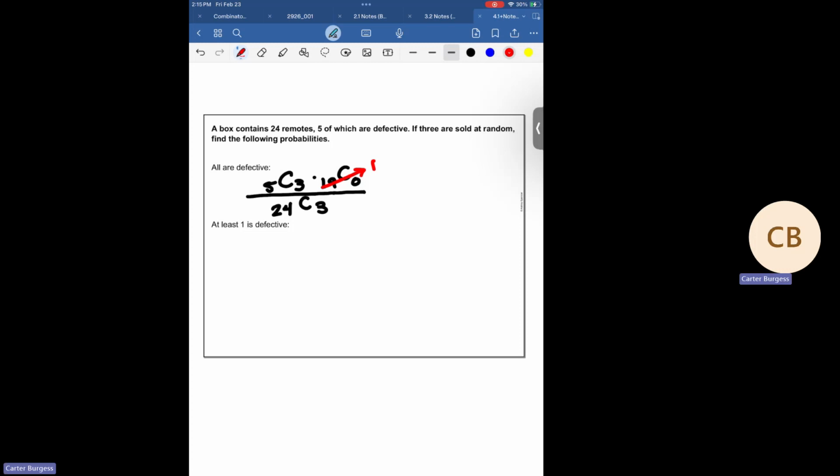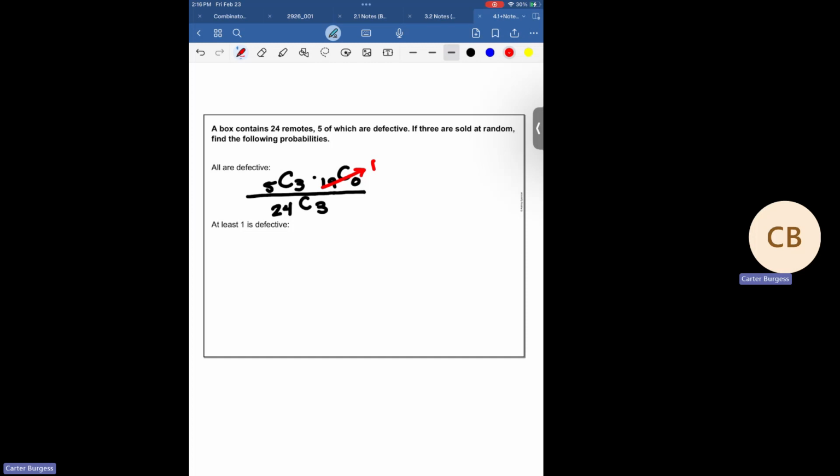What are the ways that I verbally, descriptively, can fulfill that condition of selling at least one defective remote? Give me an outcome that sells at least one defective remote.